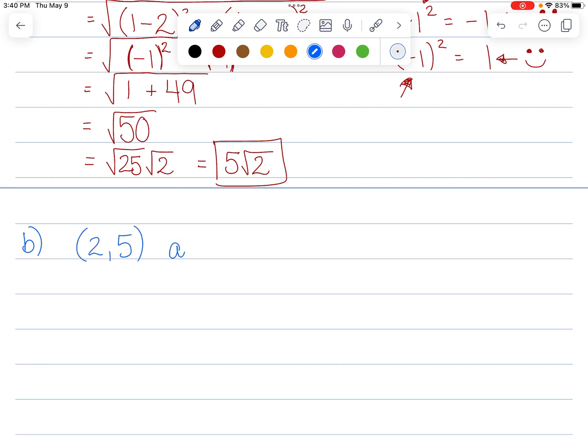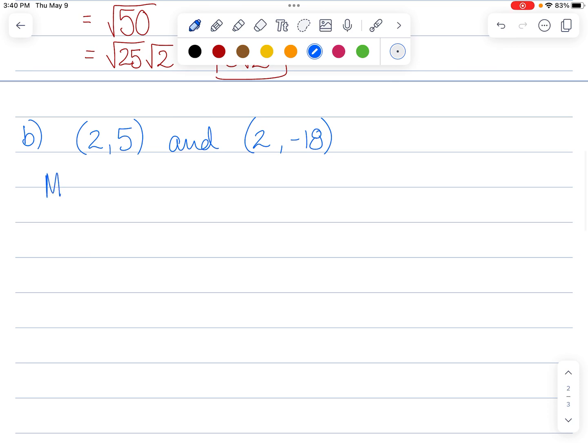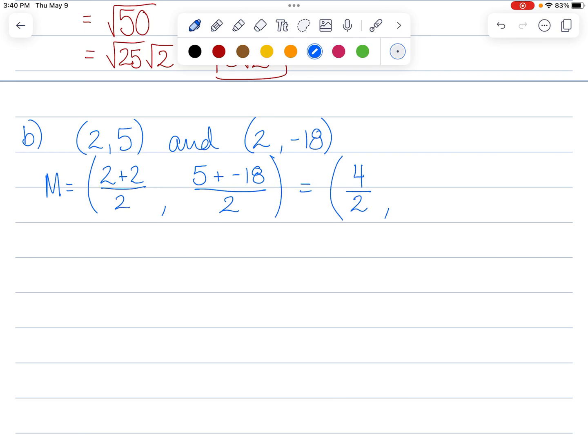2, 5. And 2, -18. Midpoint. Add the x's. Divide by 2, because you're averaging them. Add the y's. Divide by 2, because you're averaging them. 2 plus 2 is 4. 5 plus -18 is -13.